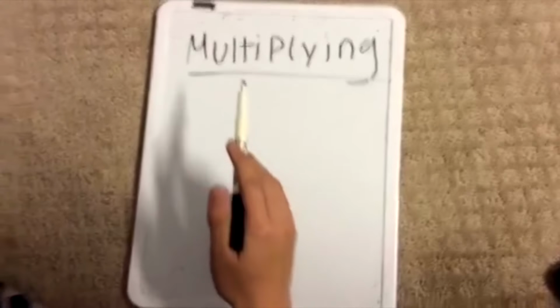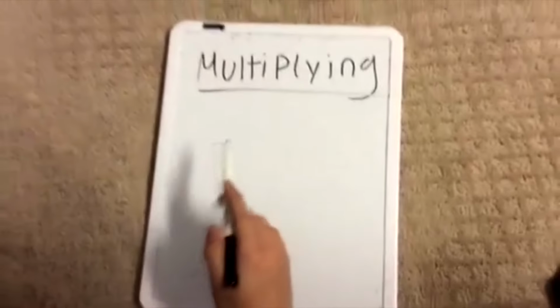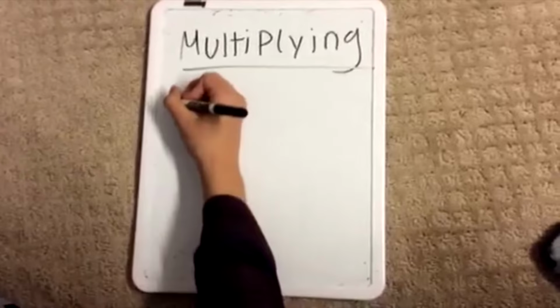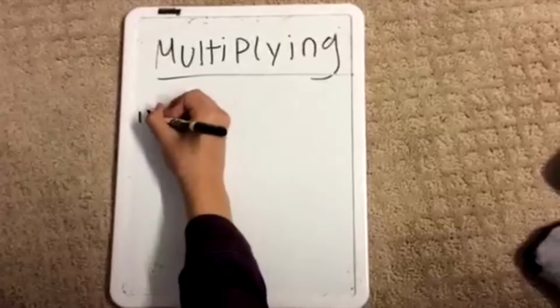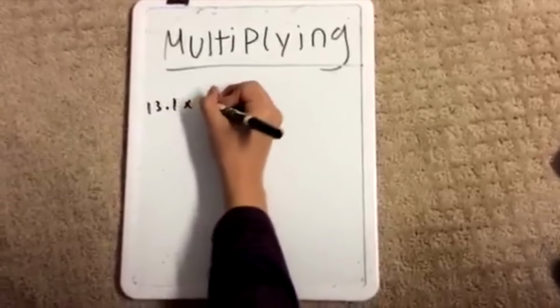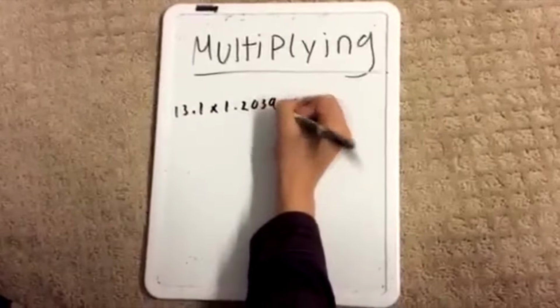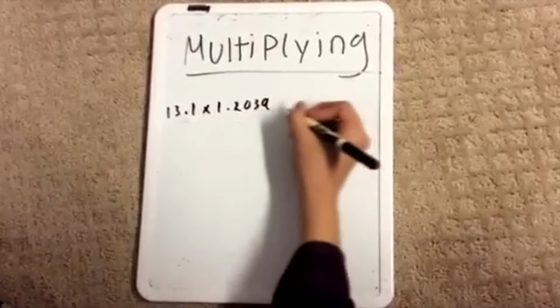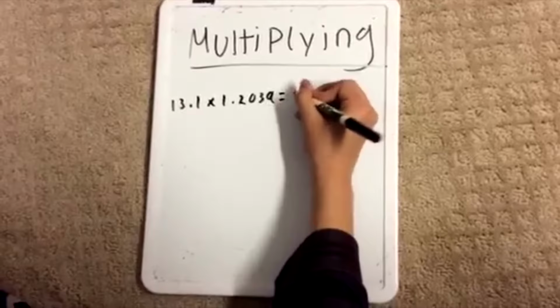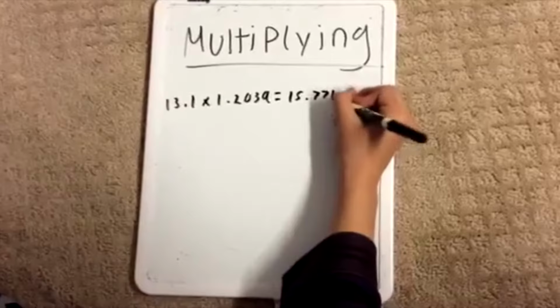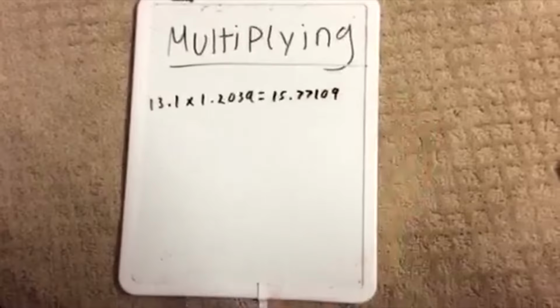So now I'm going to show you how to multiply. So this is basically the same concept as dividing. So let's say you have a problem like 13.1 times 1.2039. Your answer would be 15.77109.